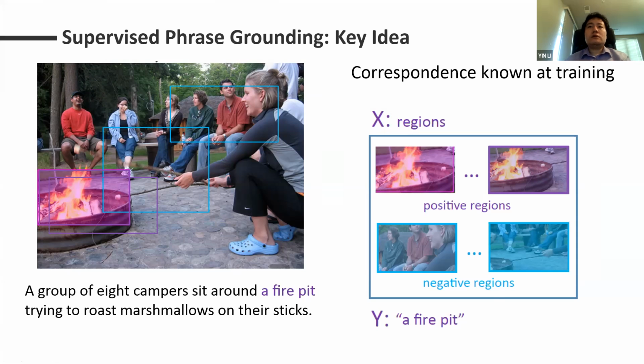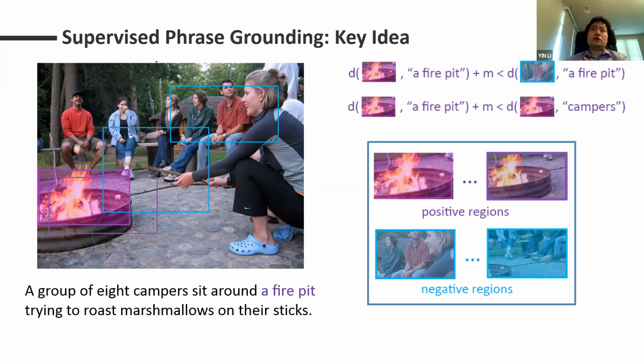So here's the key idea of how we're going to learn this function. We're going to gather all the image regions. So here we have positive regions that are close to the ground truth bounding box of the phrases, and we also have negative regions that are randomly sampled within this image.